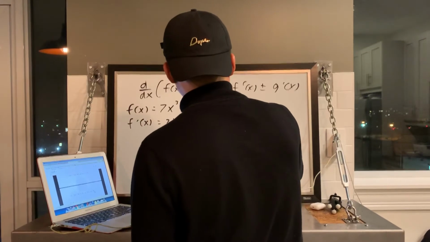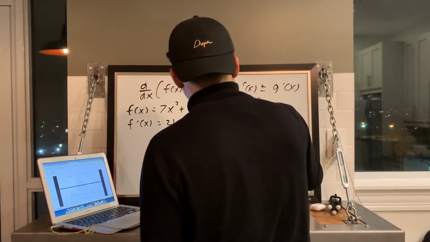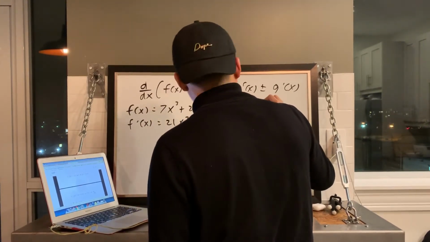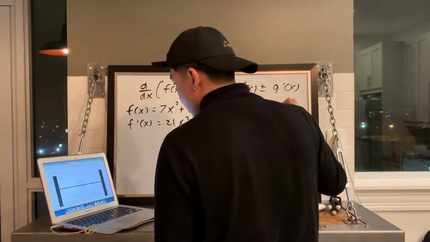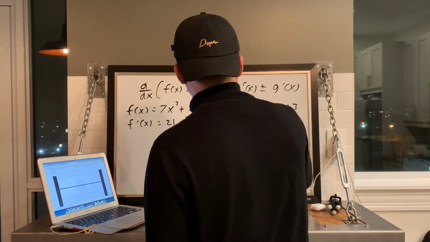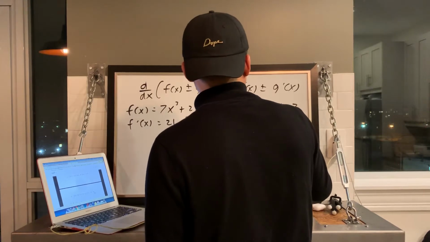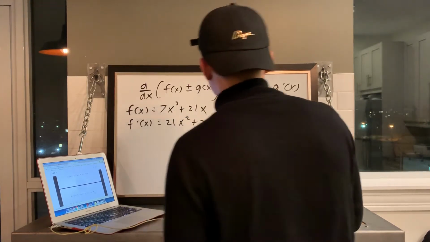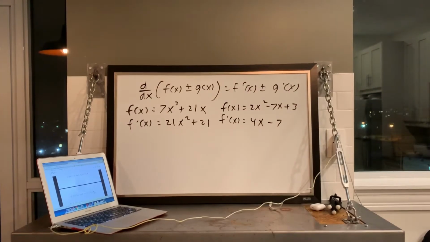Or if you had f of x equals 2x squared minus 7x plus 3, then f prime of x is equal to 4x minus 7. Okay?